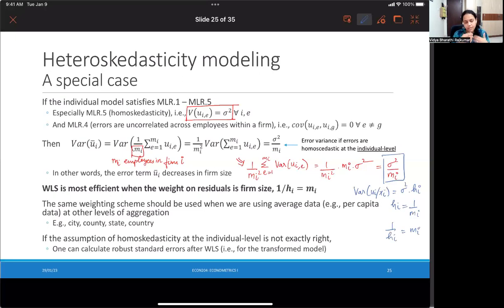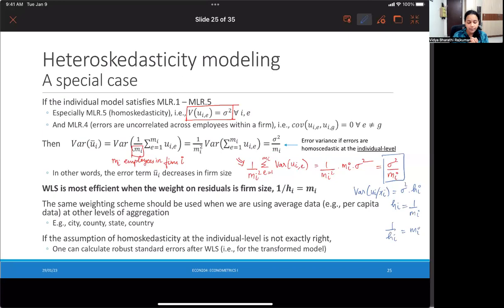Just because we're running the regression at the level of averages, this helps us get to the weight, the h_i term, very easily. And we don't have any level of arbitrariness in how we define those weights. So this is just a special case.